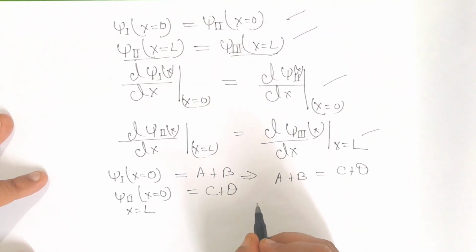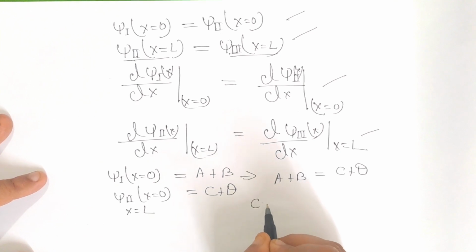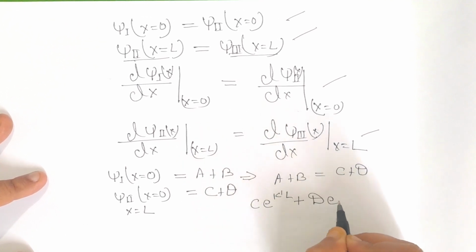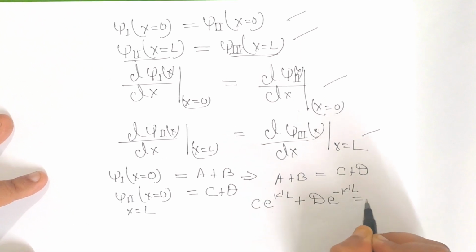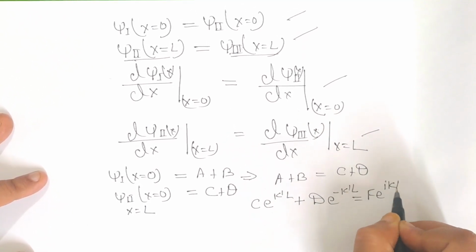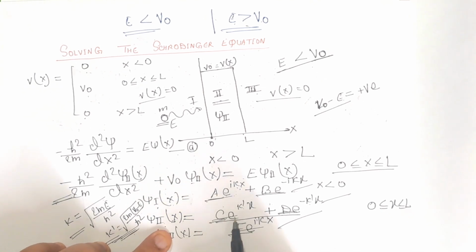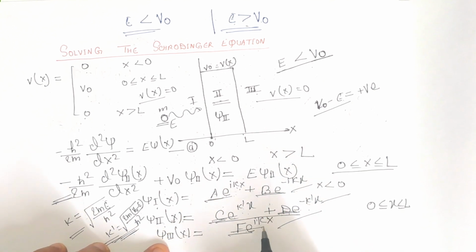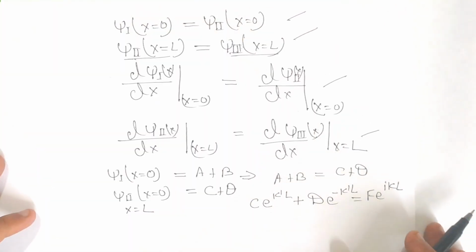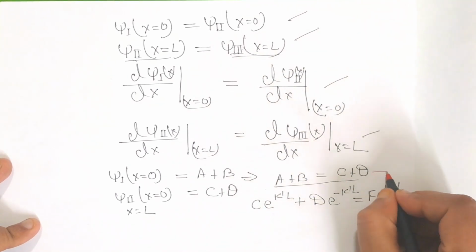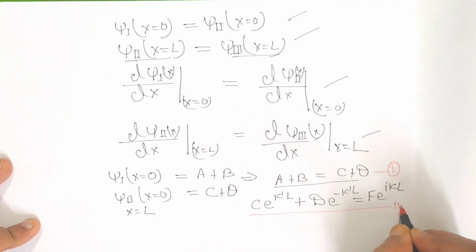In that case, the equation will look like C e to the power k dash L plus D e to the power minus k dash L equal to F e to the power i k L. Here psi 2(x=L) is equal to C e to the power k dash L plus D e to the power minus k dash L, equal to F e to the power i k L. This is equation 1, this is equation 2.